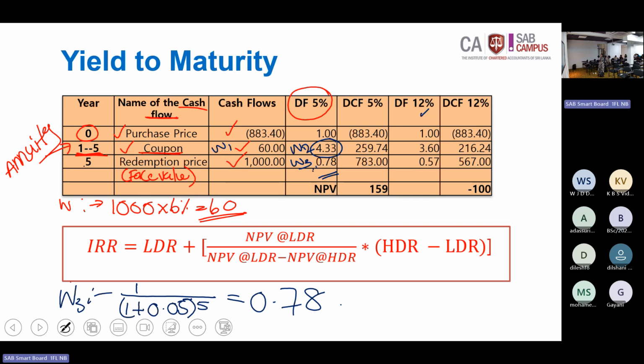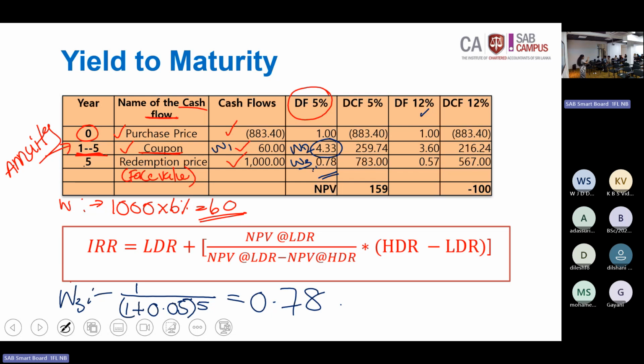Add these together and then minus the 883. Then 159. Yes. Right. Now we move to the second discount factor.